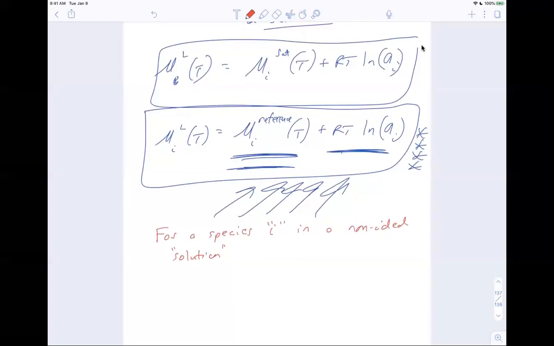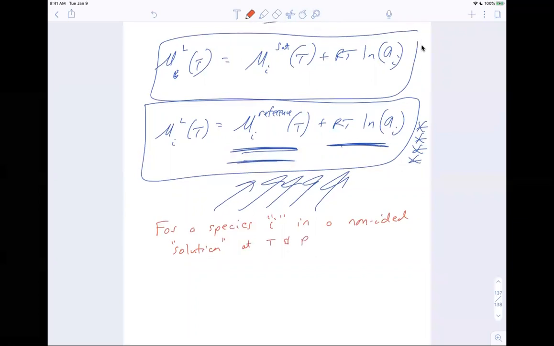And so for a species in a non-ideal solution, at a particular combination of temperature and pressure, okay? And of course, composition, the chemical potential of that species I, which is non-ideal, at some pressure, temperature, and now we can just say composition.